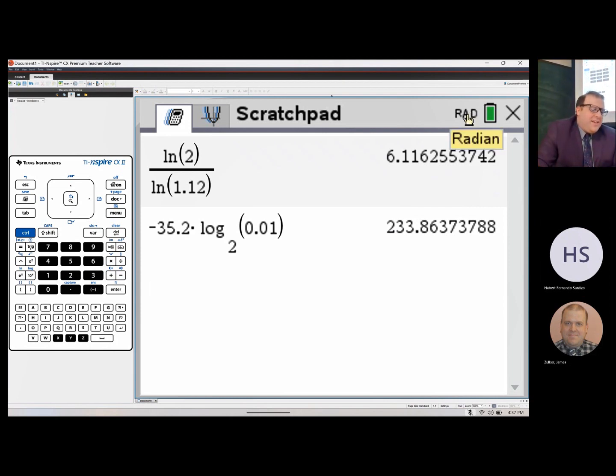Right now it's in radian. If I click it, now it's in degree. Click it again, back in radians. Otherwise, you have to go into your settings where you go to change your decimals.